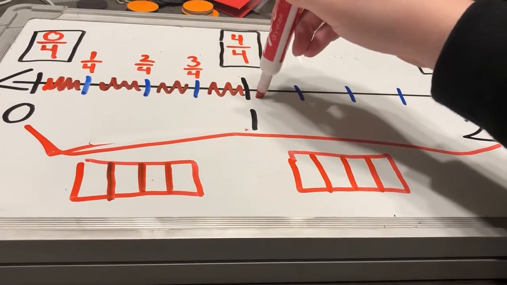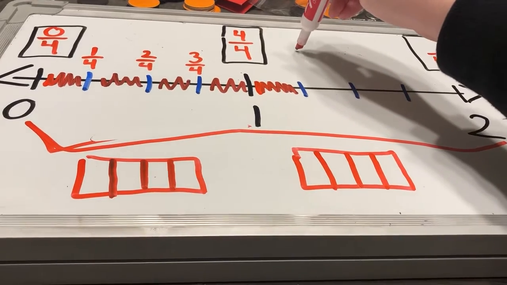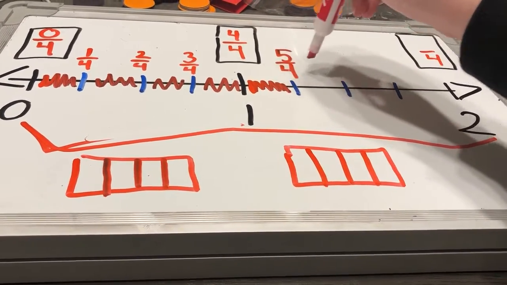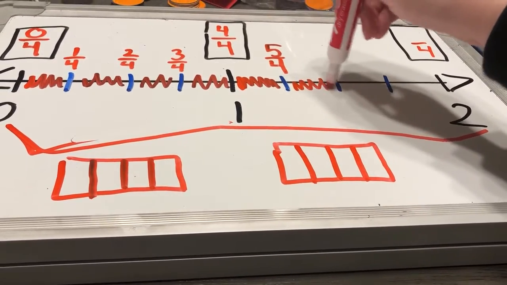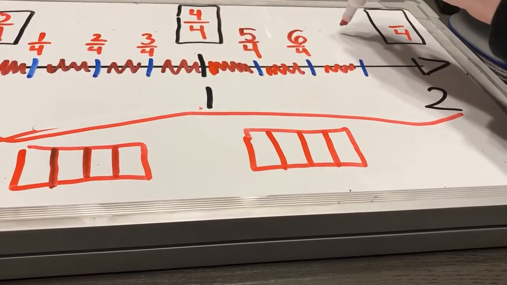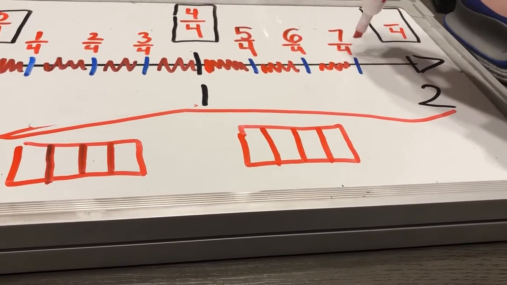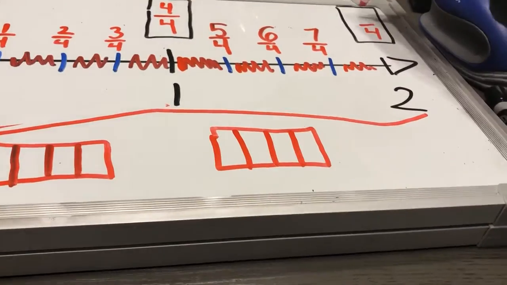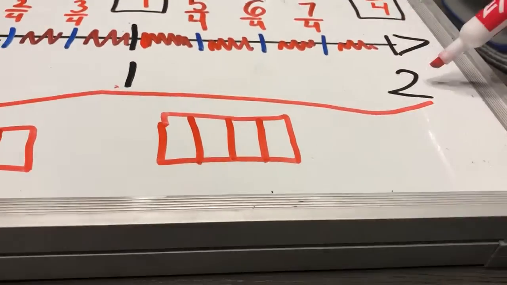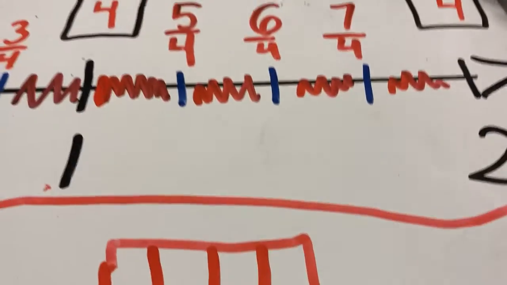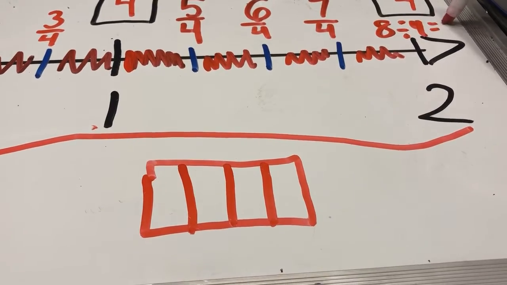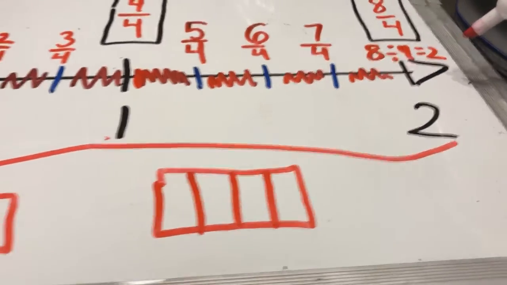Now our next fraction, we have 5 parts that are split into fourths, 6, 7, and 8. And we can check our work again because we're at another whole number. 8 split into 4. 8 divided by 4 gives us 2.